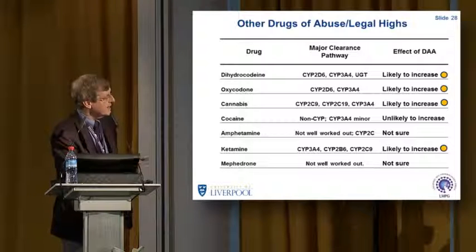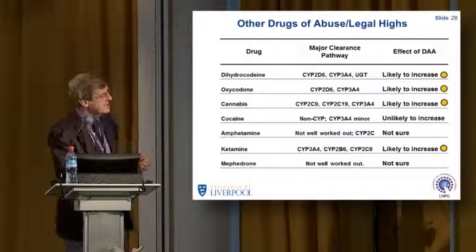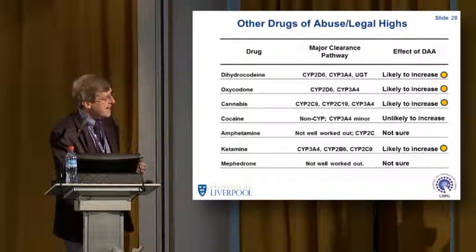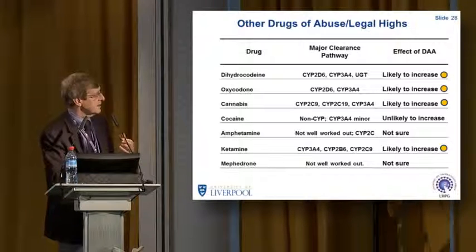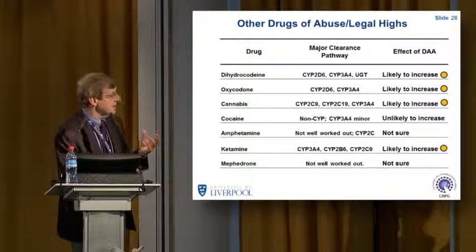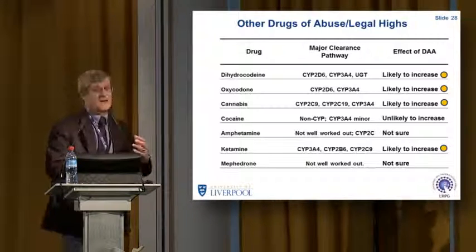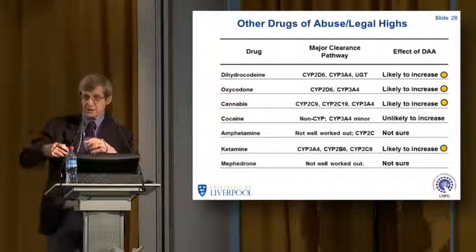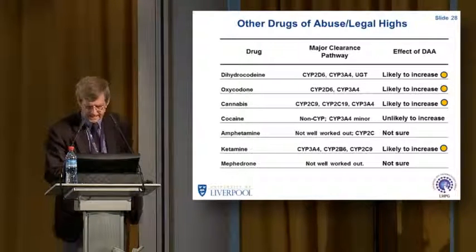We look at the way the drug is handled by the liver, and then we say, is the effect of the DAA likely to increase the concentrations? Yes, dihydrocodeine. Yes, cannabis. No, cocaine. I'm actually not sure about amphetamine because the data concerning how that drug is handled is not clear.